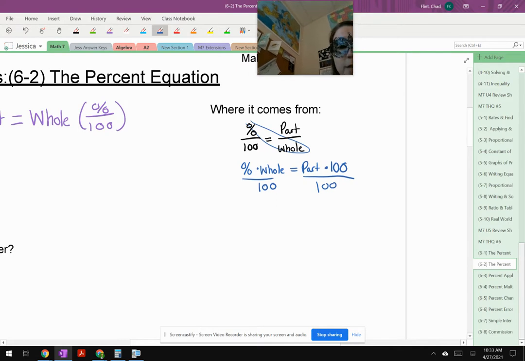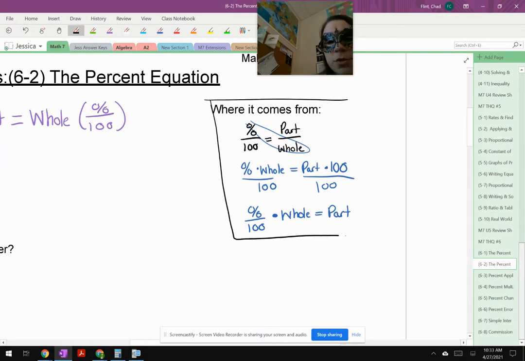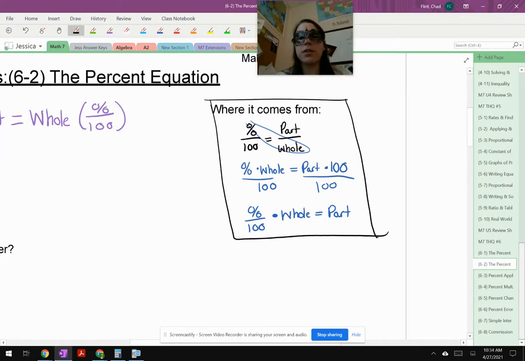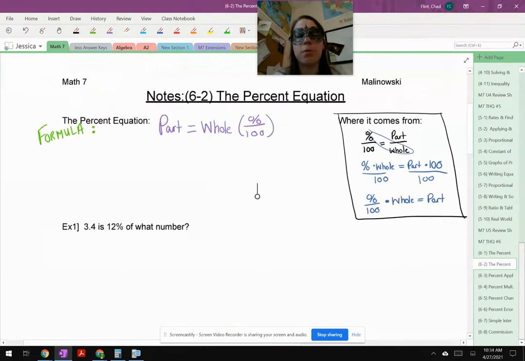Leaving me with that equation, percent over 100 times the whole is equal to the part. So not something I'll ever ask you to do or anything, but just a little FYI that is where that comes from. The percent equation is basically the percent proportion, just written differently.